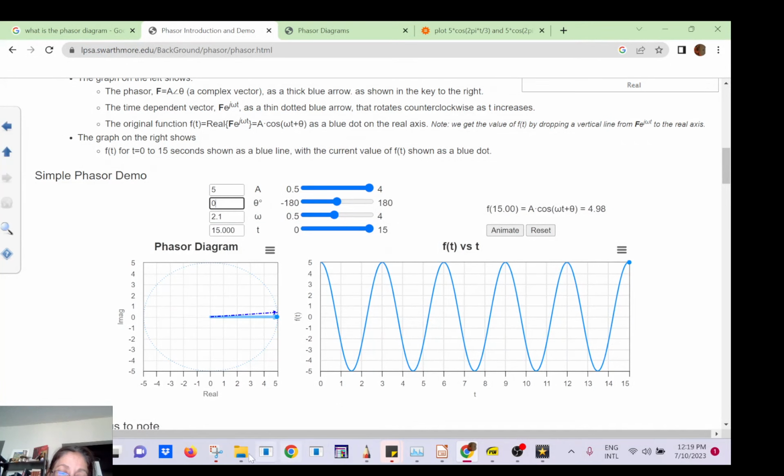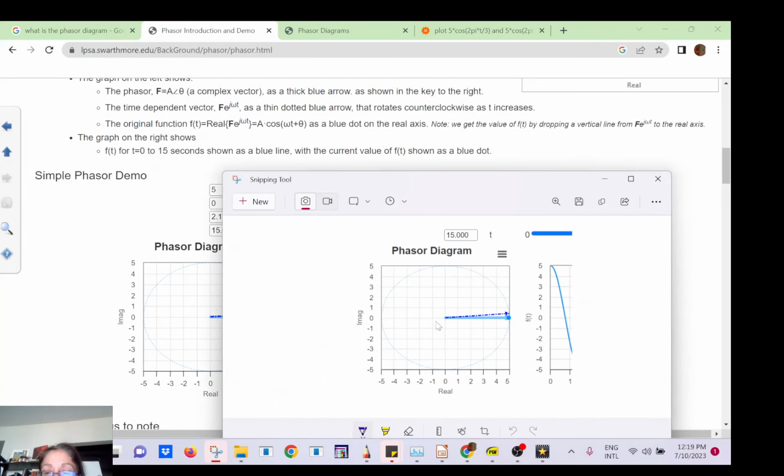So it's going around a circle at a constant speed. That means the angular speed is 2 pi over 3 rad per second.